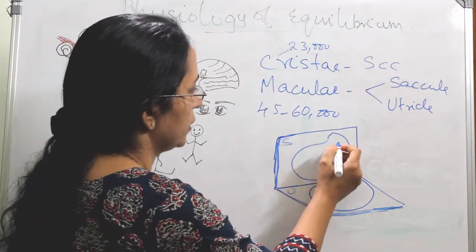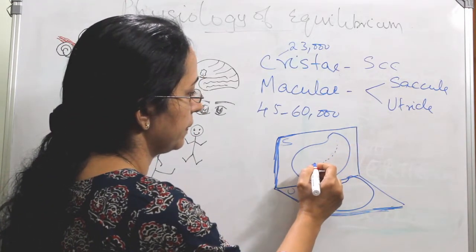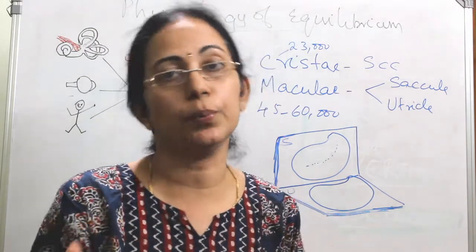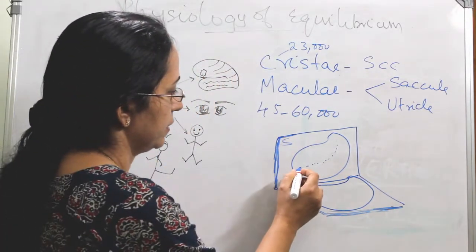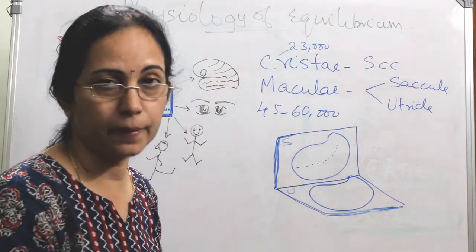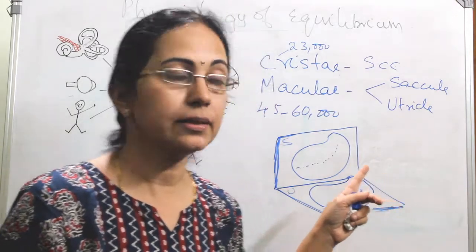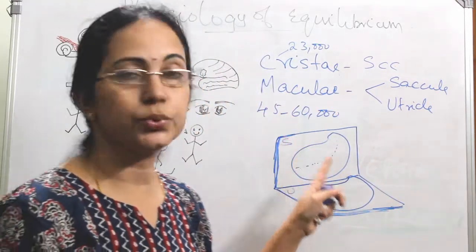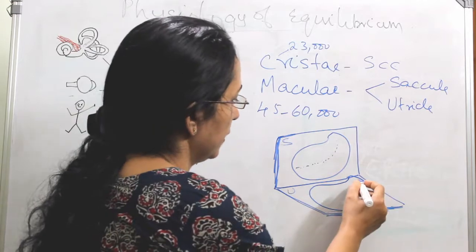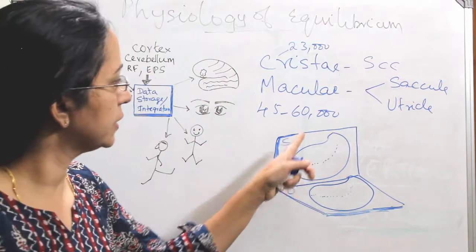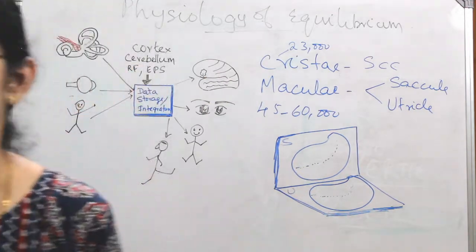Striola actually separates the macula into two parts. That is a linear structure which separates the macula into two portions. That is there in both saccule as well as in utricle.